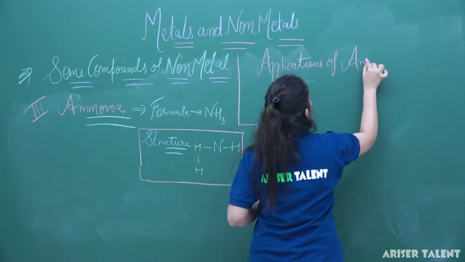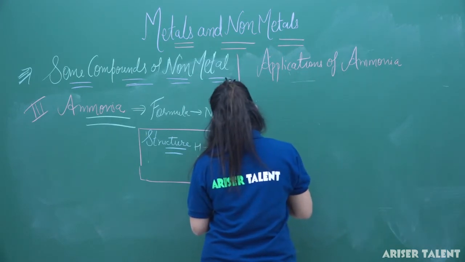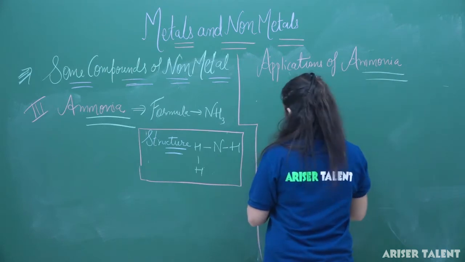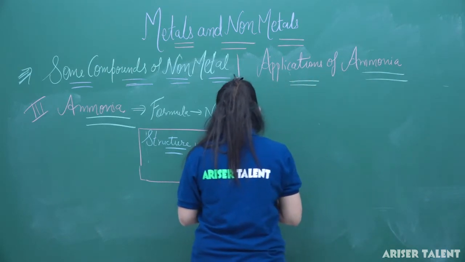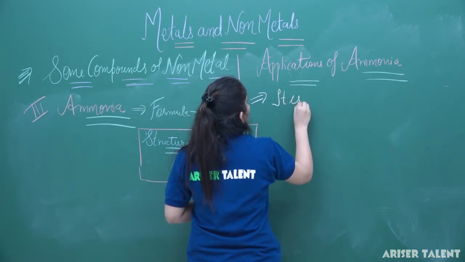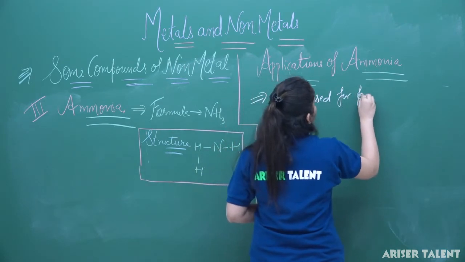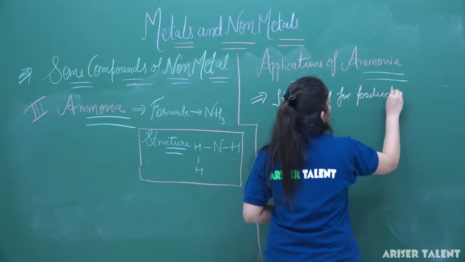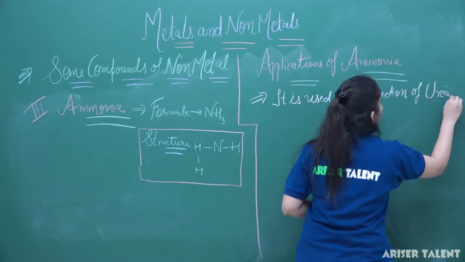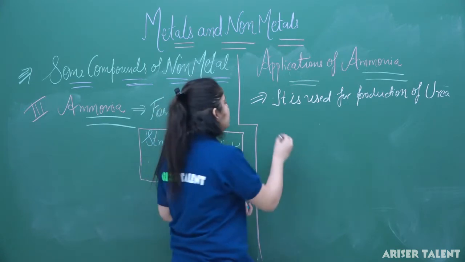Applications of ammonia. Firstly, it is used for production of urea, which is used as a fertilizer in agriculture industries.